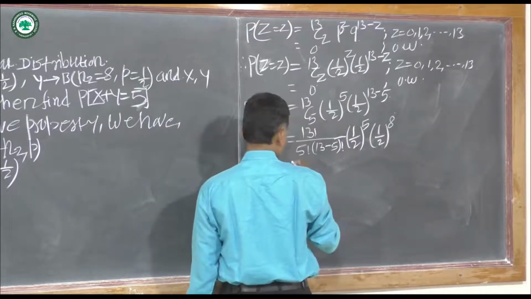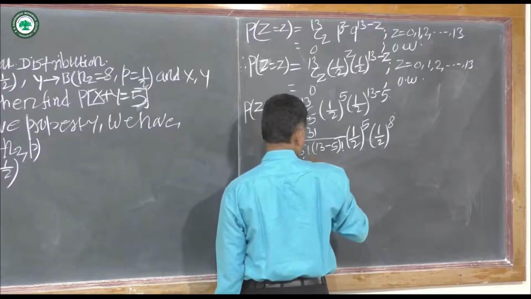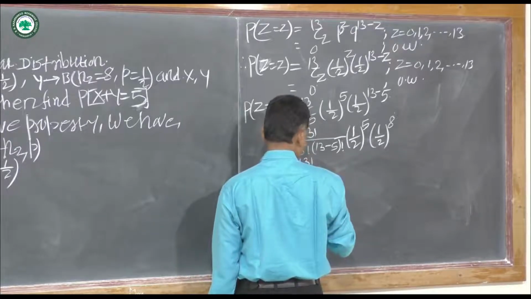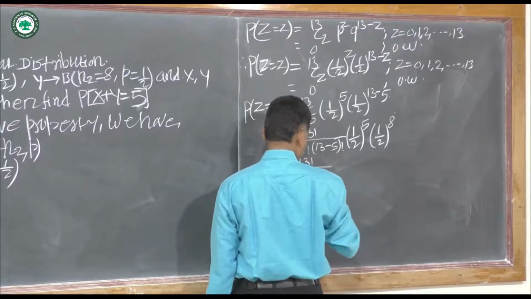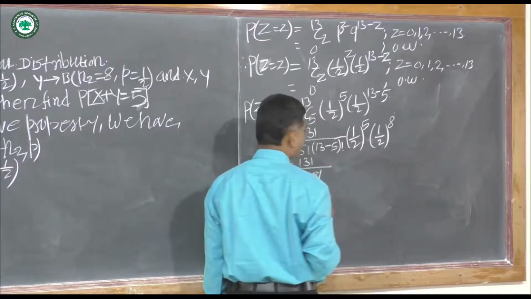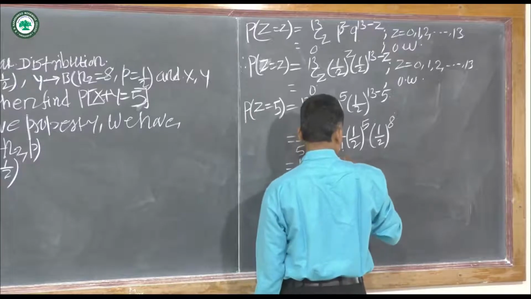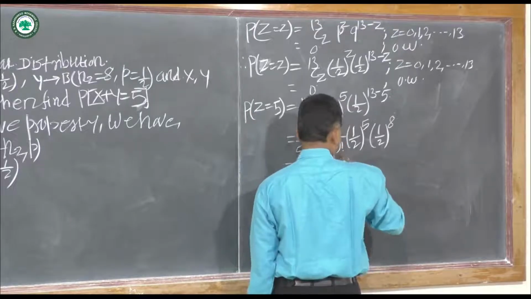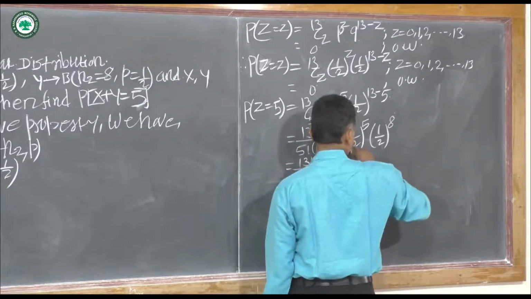Again which is equal to 13 factorial upon 5 factorial into 8 factorial into 1/2 raised to 13.